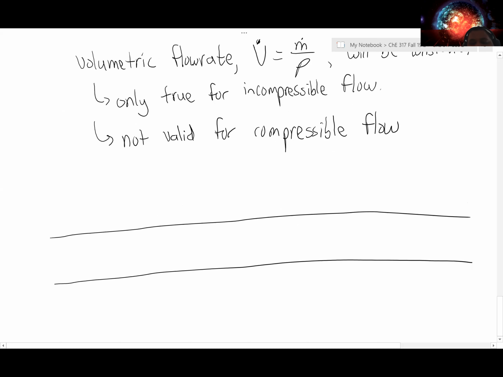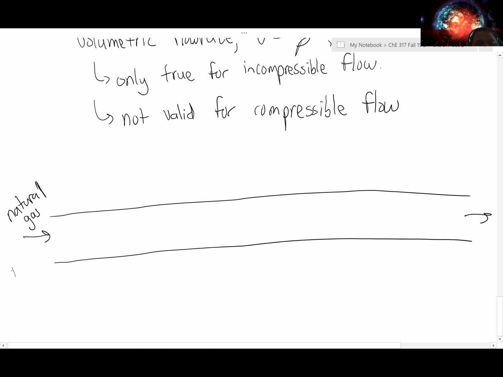So if I have flow through a normal pipe where my diameter at the inlet and outlet are the same, and I have, let's say, natural gas flowing through this pipeline, and it comes in at one pressure and it comes out at a second pressure.